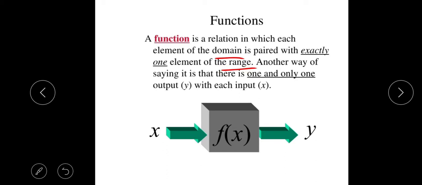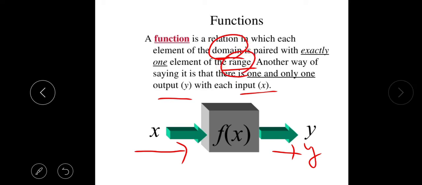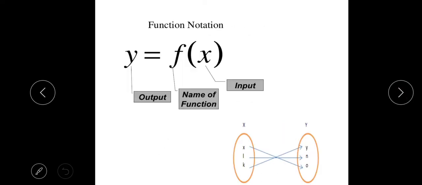Another way of saying it is that there is one and only one output y with each input x. So when you are inputting any x value, you will get a unique y value here. So here I considered two terms. One is the domain and the other is the range. Let us examine these concepts.